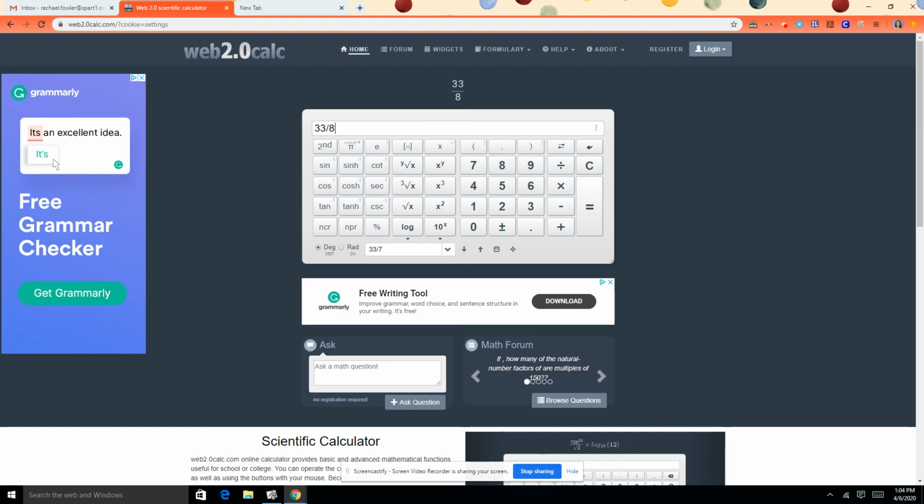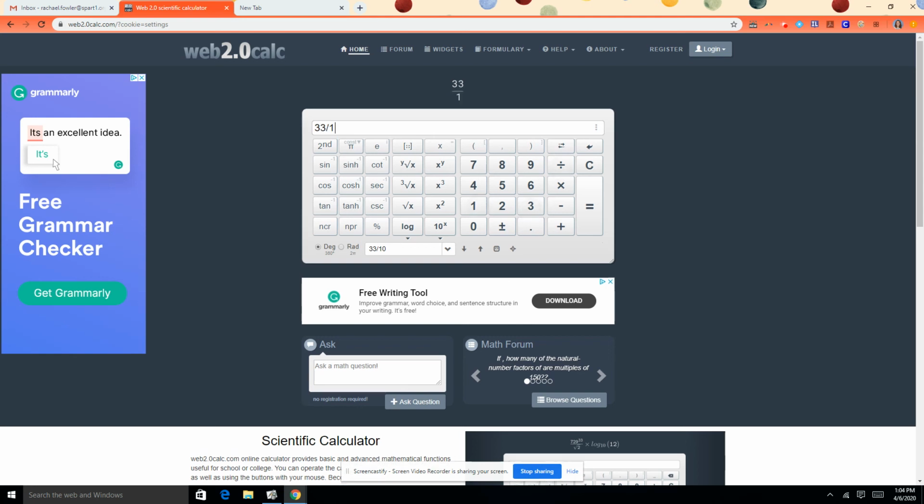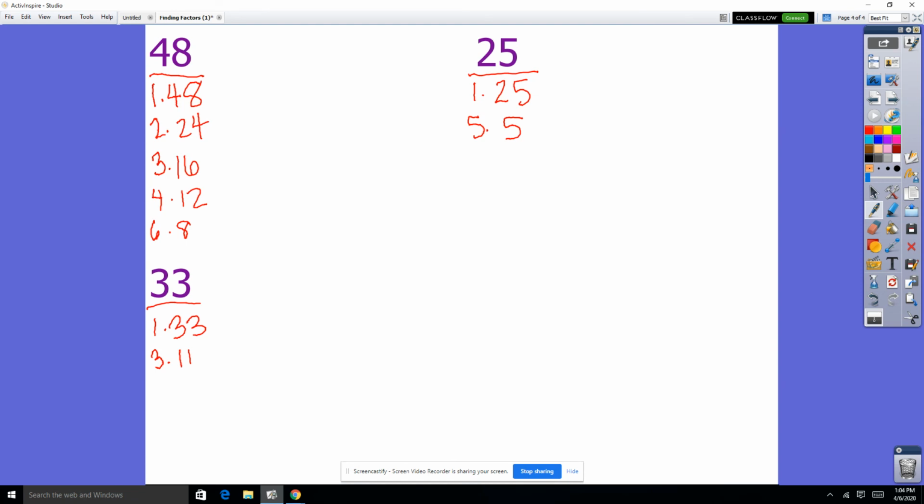So then we try 8. Nope. We try 9. It doesn't work either. We try 10. And 10 is going to give you a decimal also. And then we get to 11, which we already have on our factor list, which tells me I have all the factors of 33. So the factors of 33 are 1 and 33 and 3 and 11.